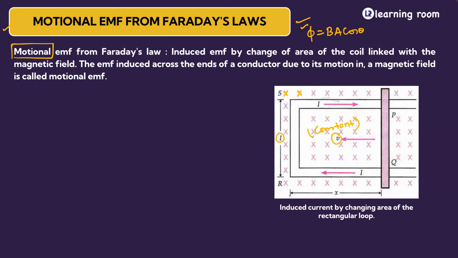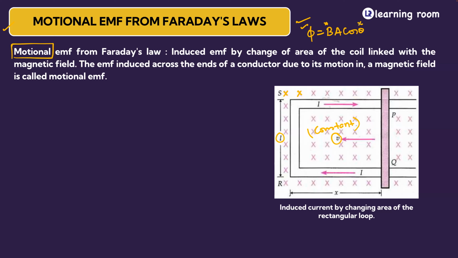Tell me one thing. When I say phi is equal to BA cos theta, which parameter is changing and which two are constant? First, the magnetic field is uniform, the lines are equally spaced, so B is constant. What about the orientation of the coil? If the area vector is into the plane, and the magnetic field is also into the plane, then the area vector has the same orientation with respect to the magnetic field, so theta is also not changing.